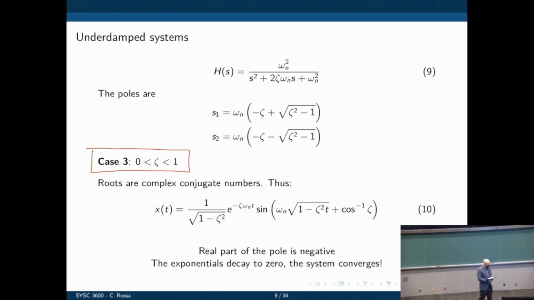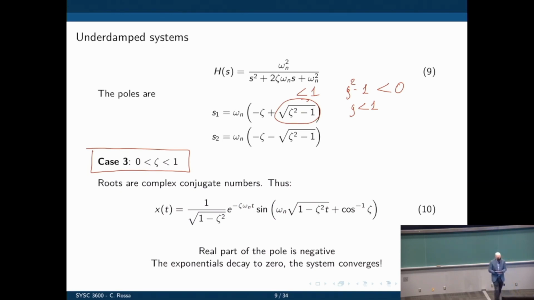And if it becomes smaller than 1, we can see that zeta squared minus 1 becomes smaller than 0 for zeta smaller than 1. The result of the square root here is a negative number, meaning that the square root of a negative number is now a complex number.